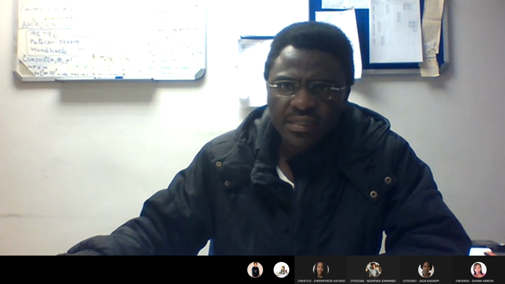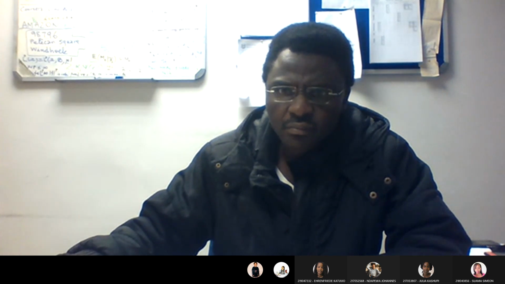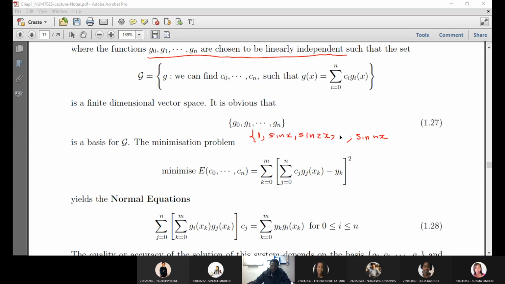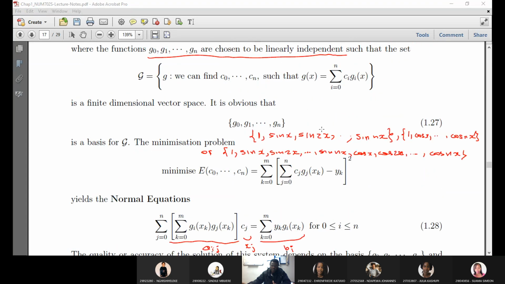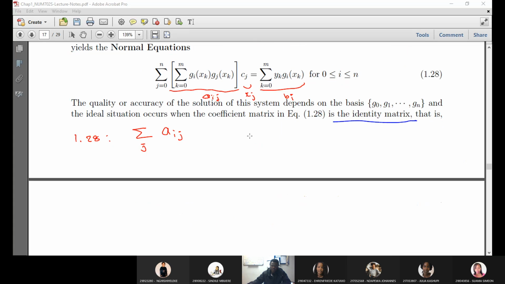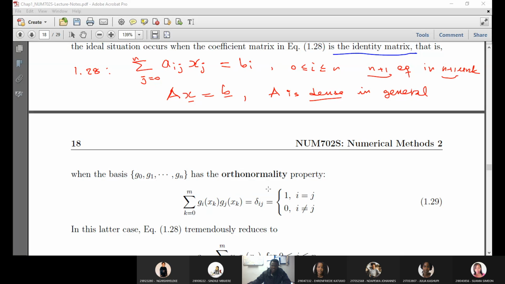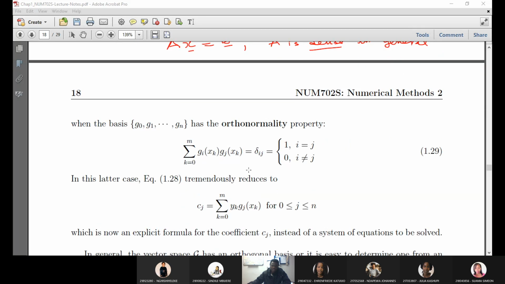I see that I didn't share any slide. Okay, let's start with this. So you can see here, this is where we define the orthogonality property.